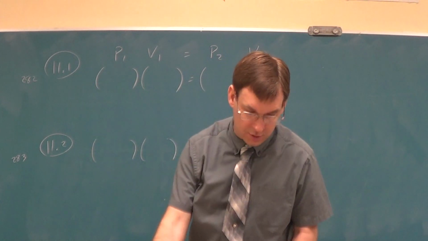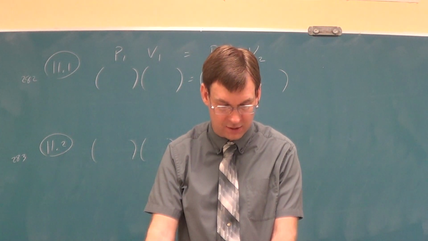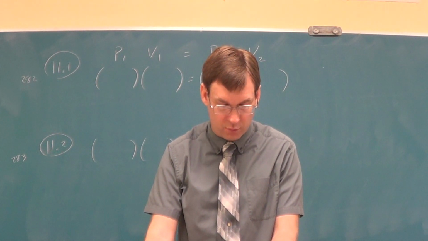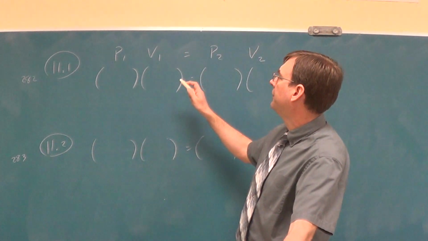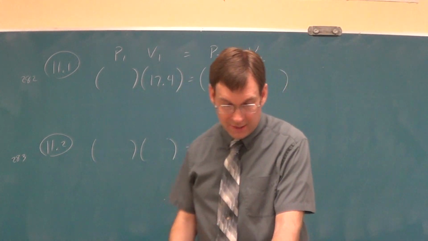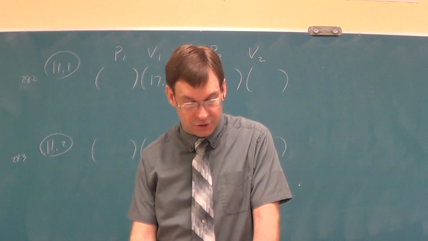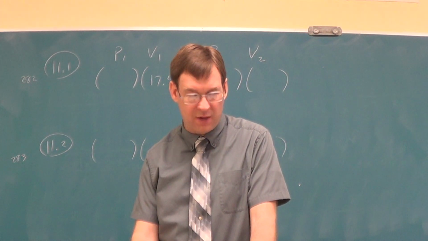So page 282, example 11.1 says, volume of a gas is 17.4 liters. So we're going to plug that in for volume number 1. It says standard pressure. So hold off a second, why do I need to hold off?